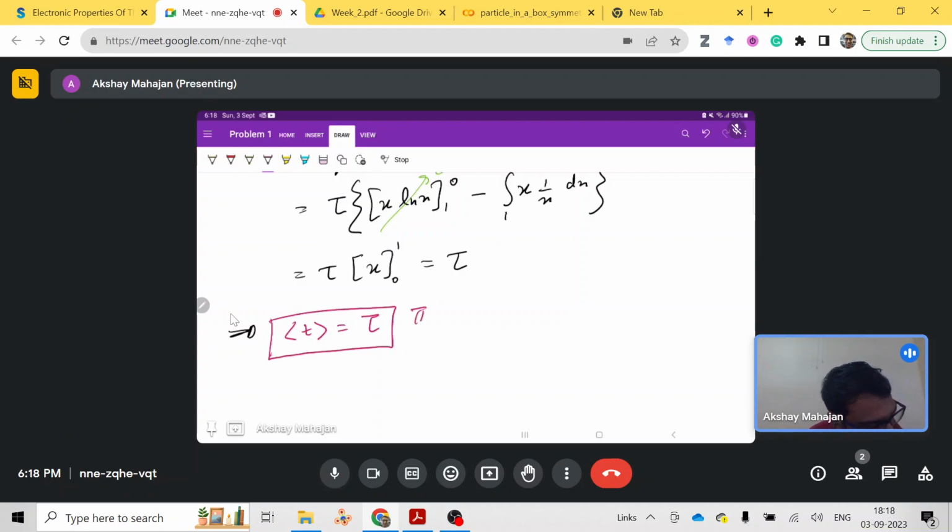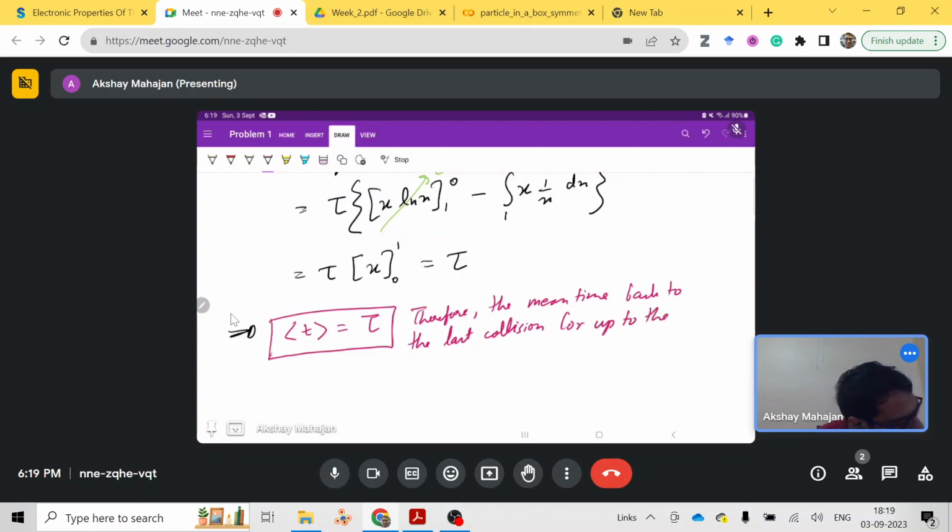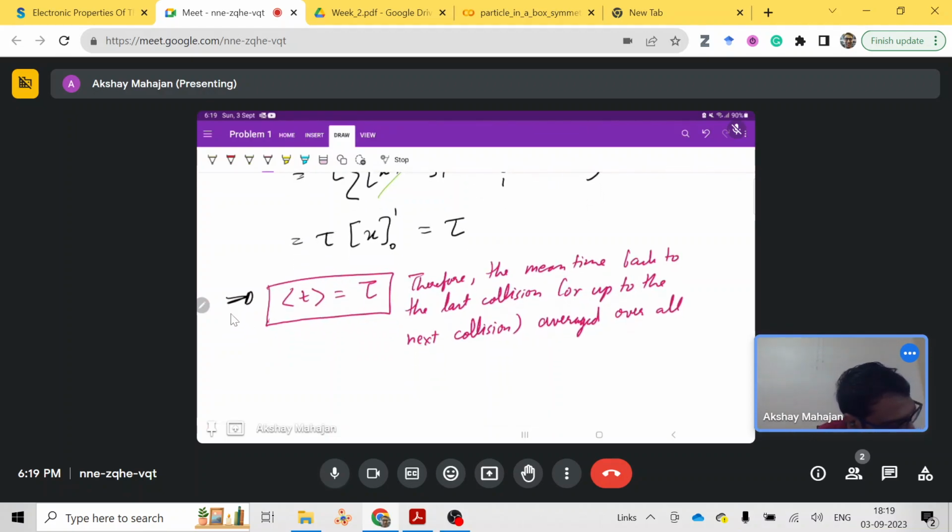Therefore, the mean time back to the last collision or up to the next collision, averaged over all electrons, is tau.